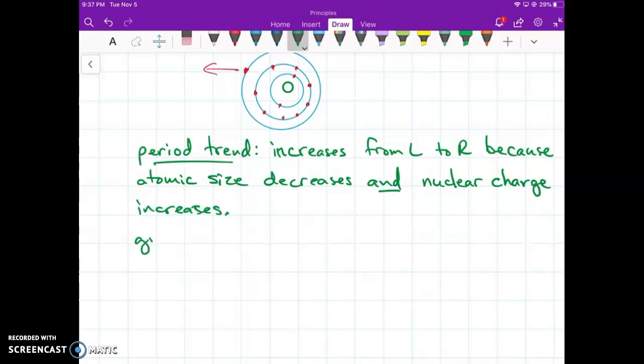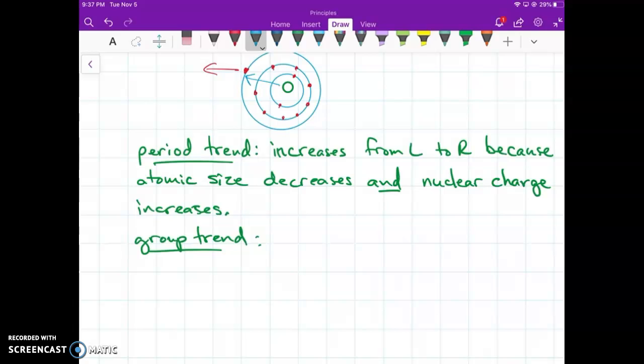The group trend just has to do with size. So which do you think it's easier to remove an electron from? A big atom or a small atom? Okay, you should say a big atom, because for a big atom, there's a bigger distance from the nucleus, the positive nucleus, out to that electron that's being removed.